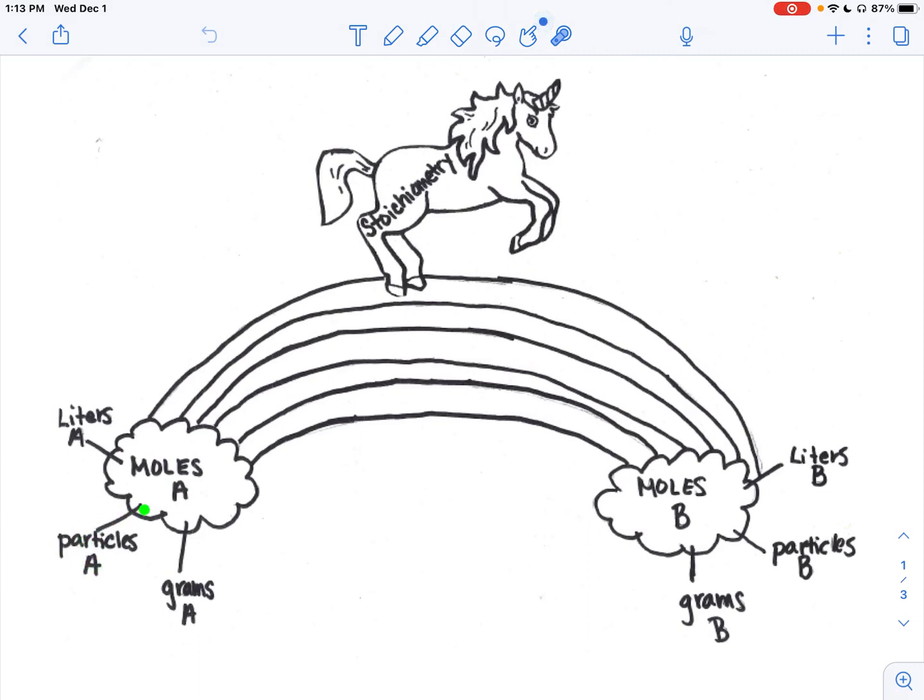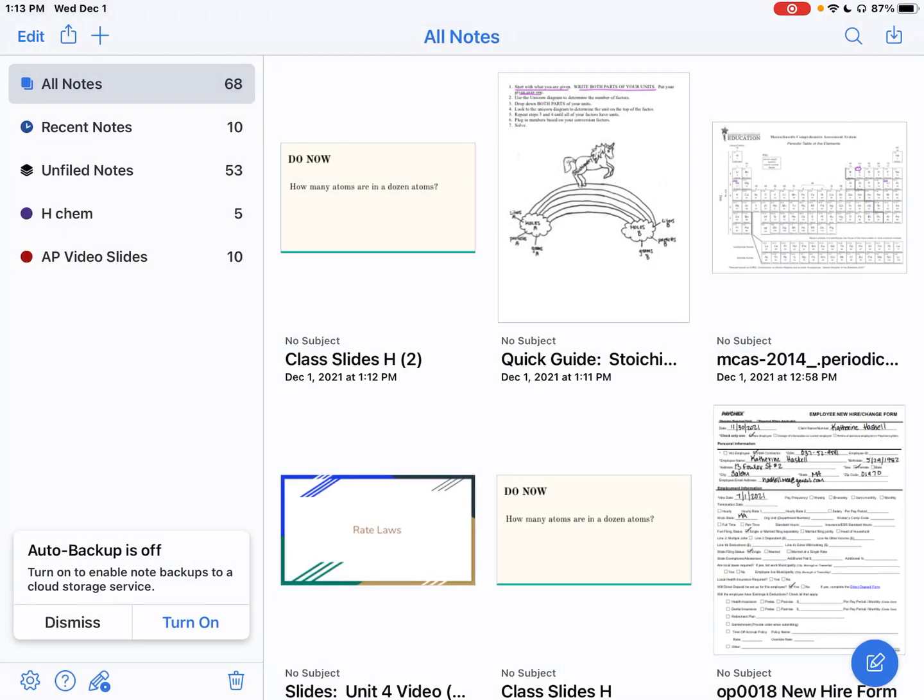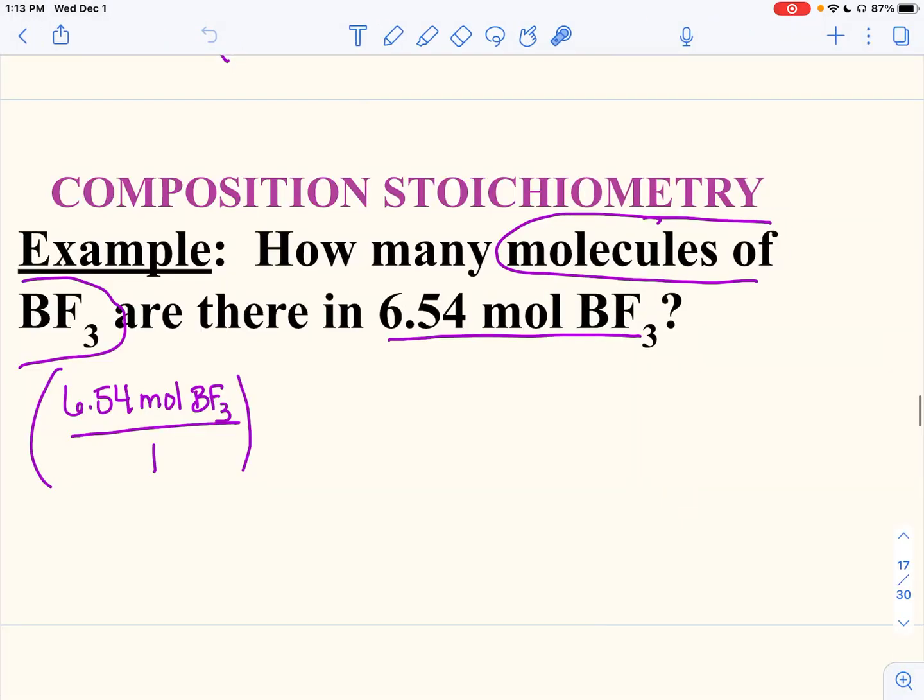Do you see how they are connected by a line? That means we can go directly from moles to particles. So moles is going to be one factor, and particles is going to be another. And that means we only need two factors, moles to particles. We'll talk in a minute about what we do when we need more than two. But because these two are connected by this line, moles to particles can be a two-factor problem. So I'm just going to write my two factors.